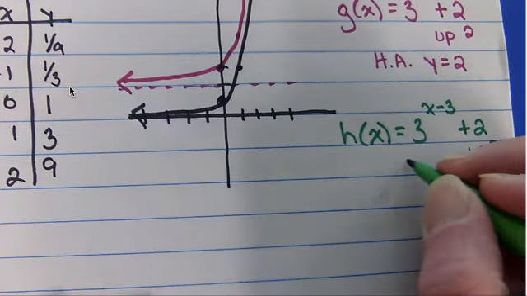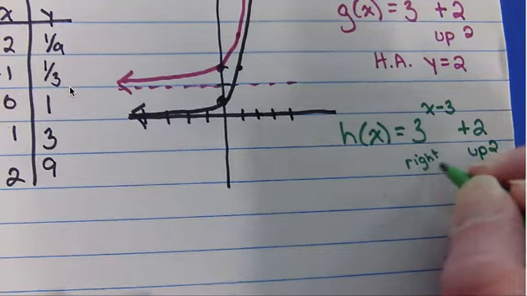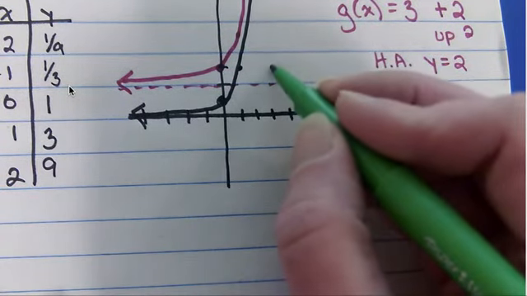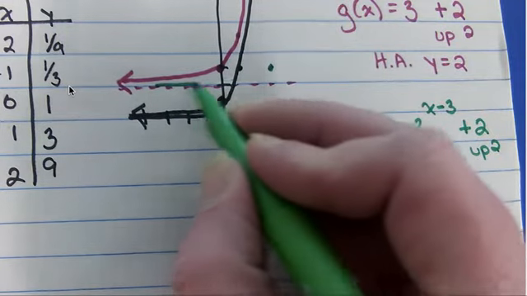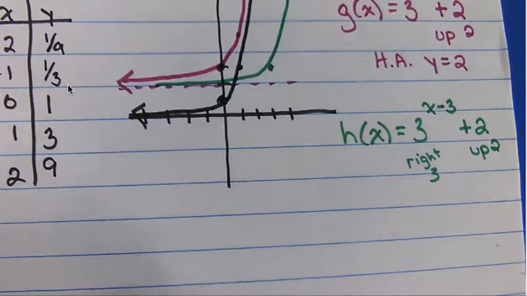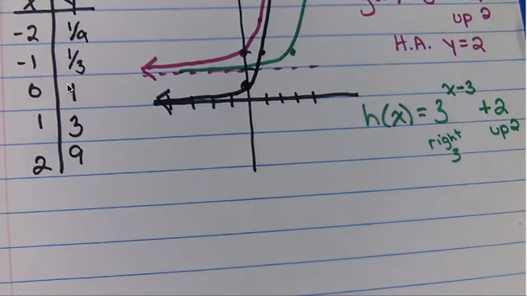Well, that's going to move me right 3. So we'd already moved the up 2. We're going to move 1, 2, 3 steps to the right. So this one would look something like this. And the beauty of these graphs is you can check them in the graphing calculator. Now I'm going to stop this video and I'm going to record another one that talks about a really, really special base, and that's base e.